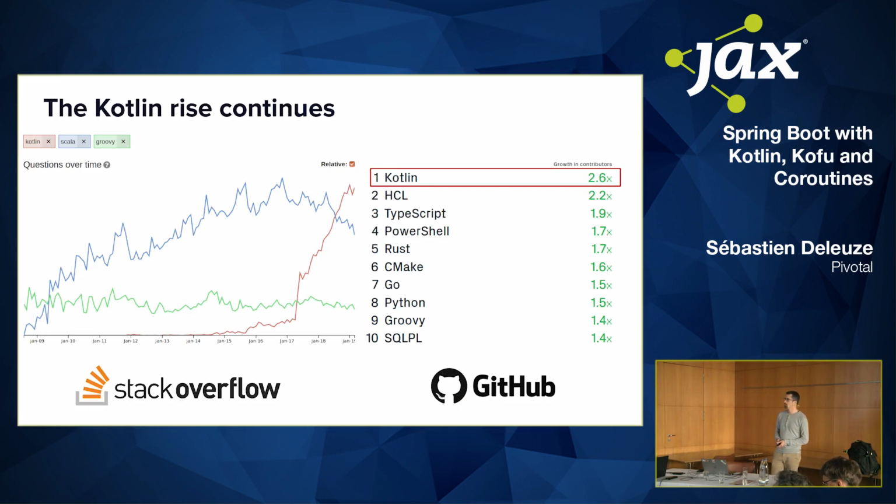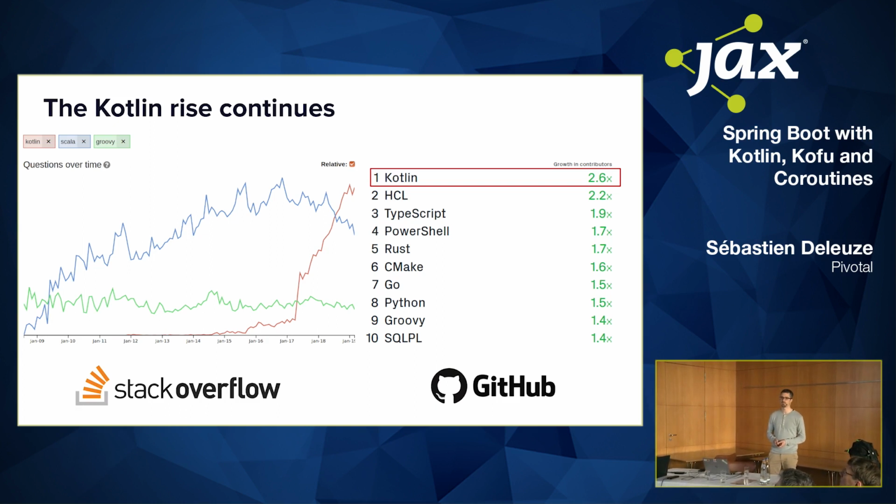That said, the context is that the Kotlin rise continues. We announced the official Kotlin support in Spring in January 2017. That was quite early, I think, quite an early bet. It was before Google's announcement about official support of Kotlin in Android. And obviously, the big increase of Kotlin developers mainly comes from the mobile world, so there are more and more Kotlin developers coming to Android.